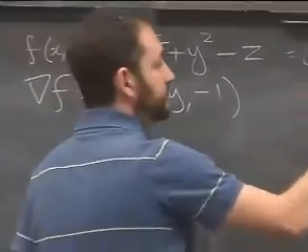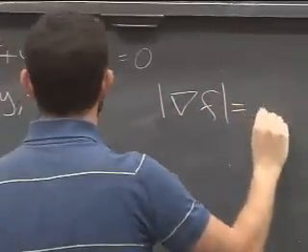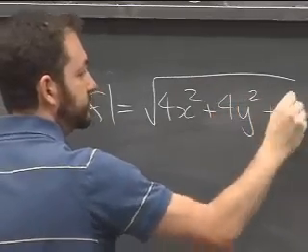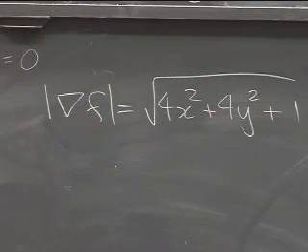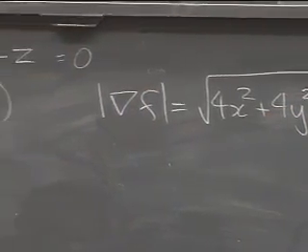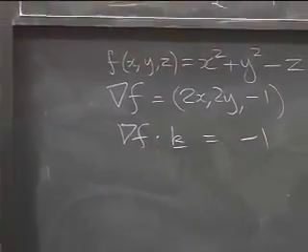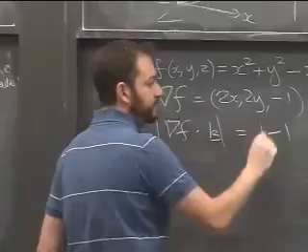So the length of it is root 4x squared plus 4y squared plus 1. Just square all those components, add them up. Grad f dot k is just the z component, which is minus 1, so its absolute value is 1.